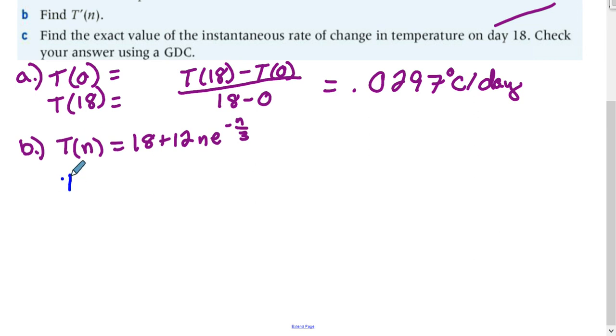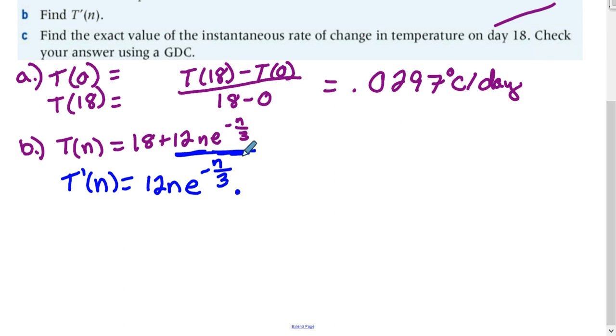Okay, so the derivative of 18 is 0, so that goes away. So now I just have this to work with, the product part being these two individual pieces. So therefore, 12n times the derivative of e to the negative n over 3, which is e to the negative n over 3, chain on the derivative of the exponent.